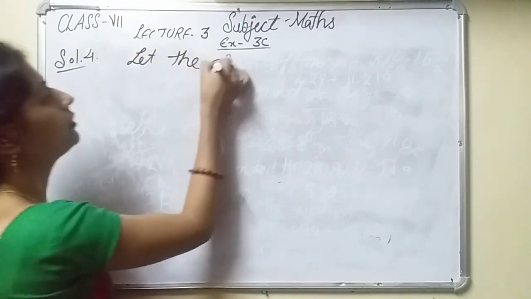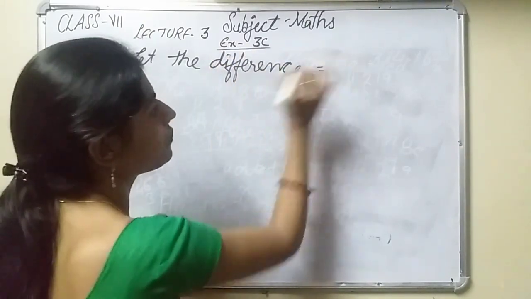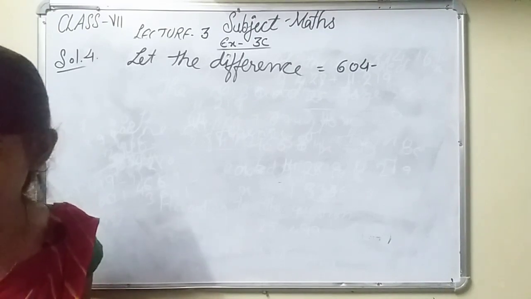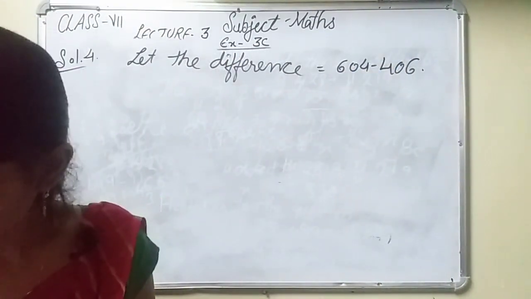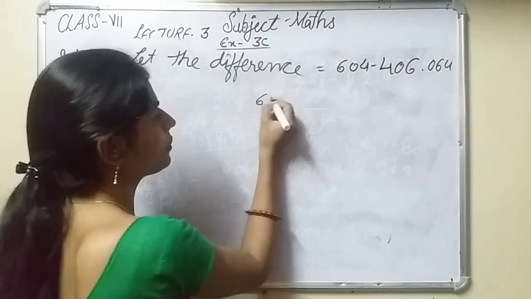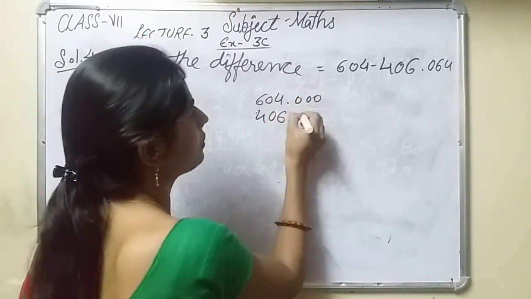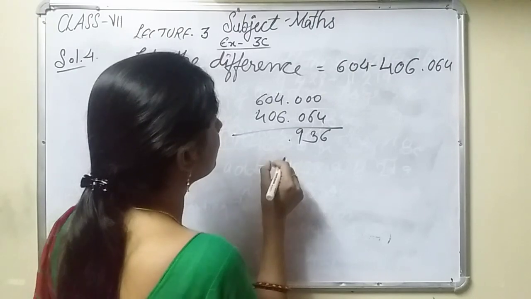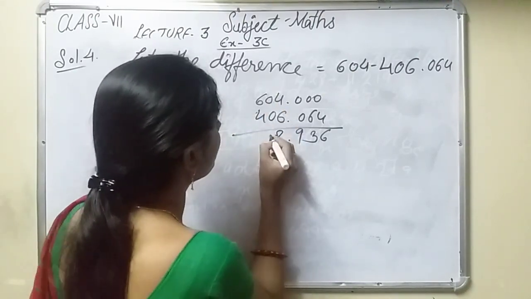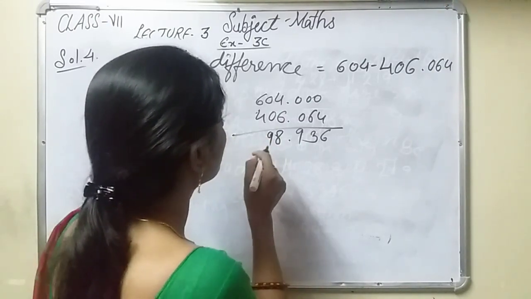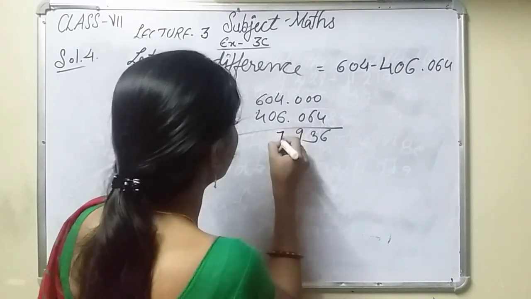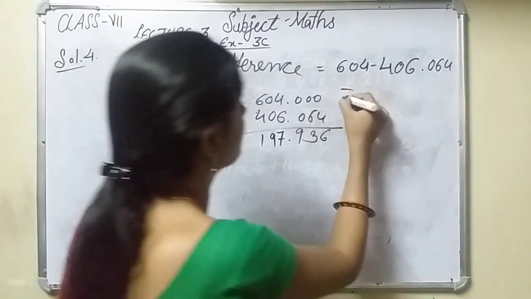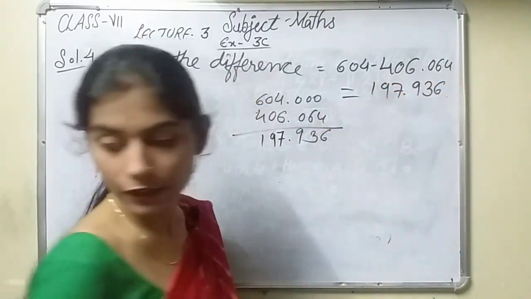The difference is 604 minus 406.064, which is 197.936. That is the difference you got here.